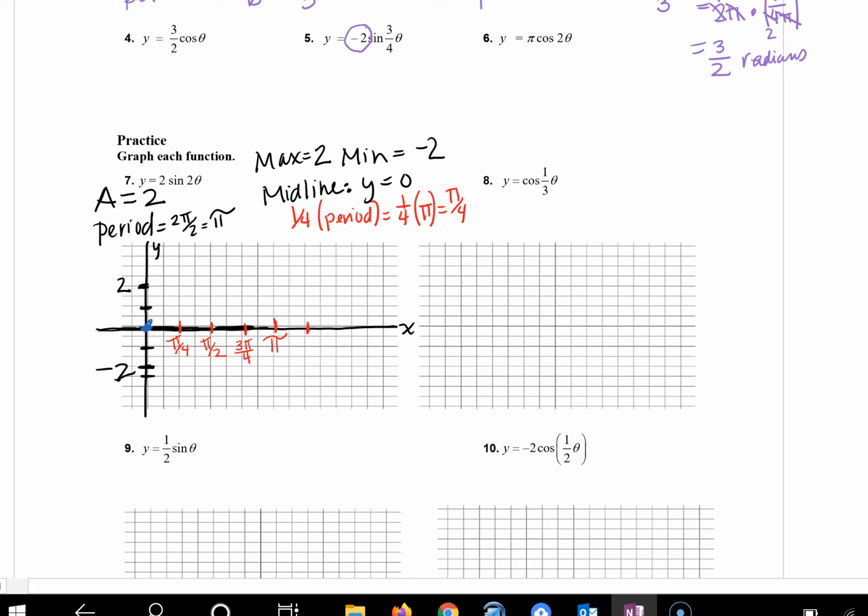From the midline, because A is positive, it's going to go up to the maximum at that first important dot. Let's try to make that happen. There we go. Then it's going to go back to the midline for the second or third dot now. And then it's going to drop down to the minimum. And then it's going to go back up to the midline. I then use those dots to draw in one complete period.